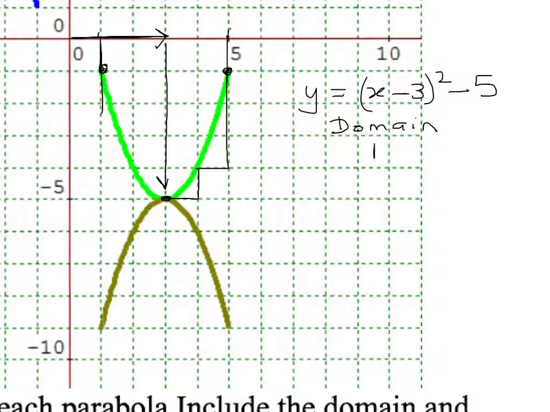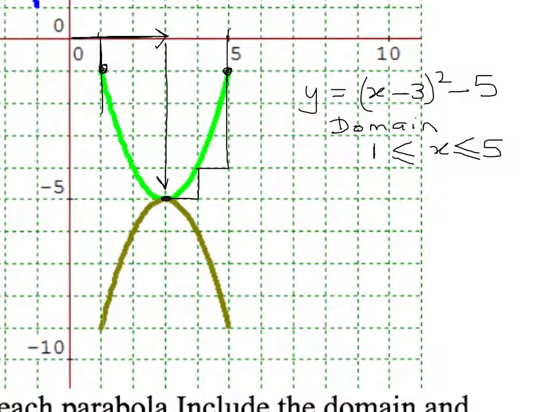So the domain x is 1 to 5. X is between 1 and 5, so it's greater than or equal to 1, and it's less than or equal to 5. That's the domain for that graph.